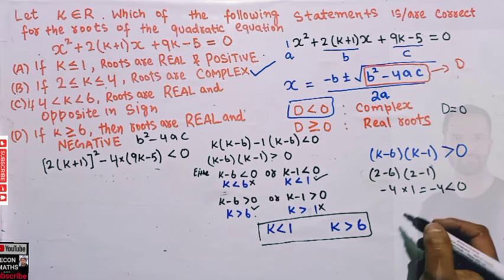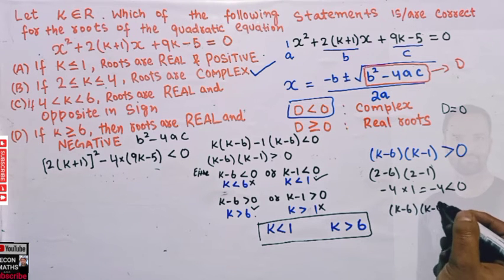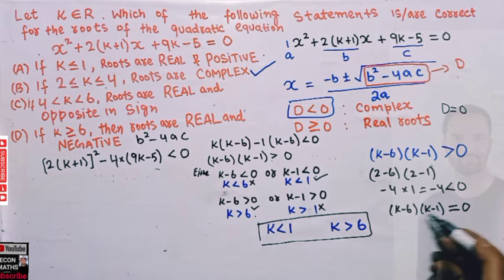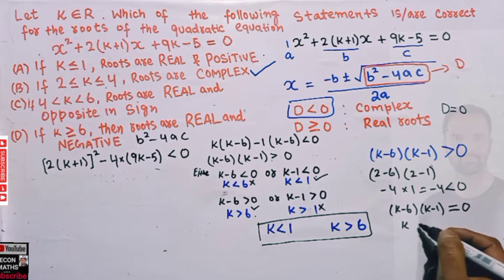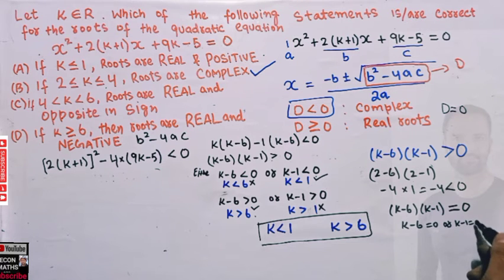Let's write when k minus 6 times k minus 1 is equal to 0. What will be the value of k in this case? Simply, either k minus 6 is equal to 0 or k minus 1 is equal to 0. That means k is equal to 6 or k is equal to 1.